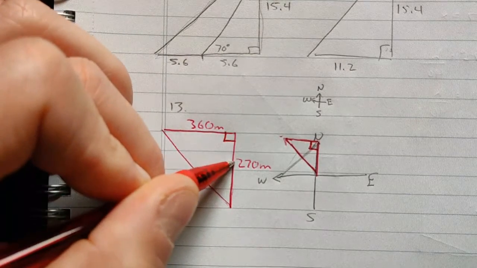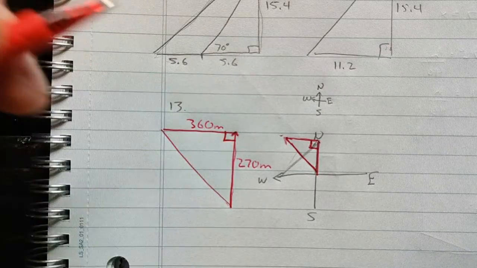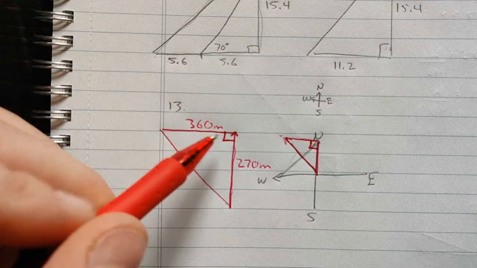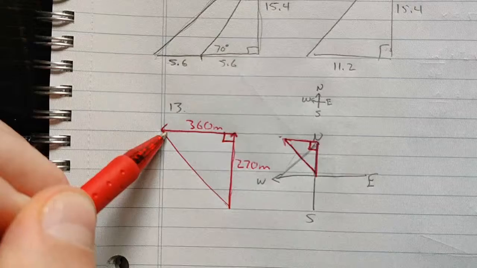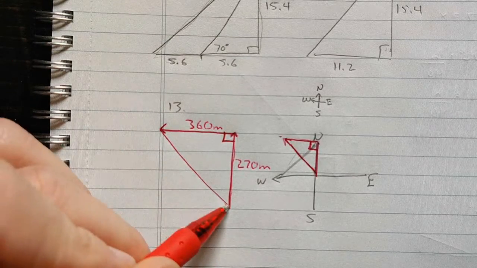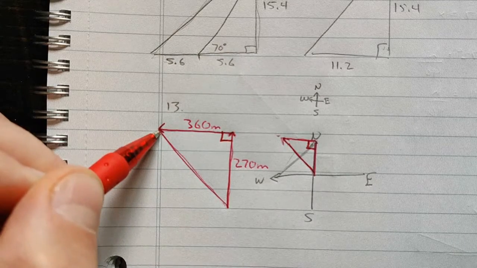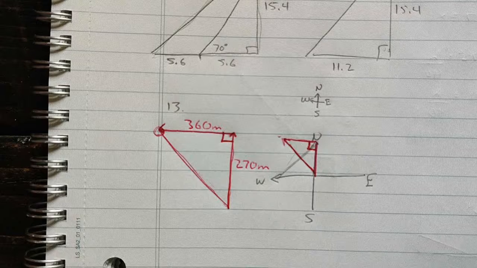So the scuba diver was traveling here, going north, and if there was no current, would have just went straight 270 meters. However, because the current was pushing at a rate where it pushed 360 meters that way, that is the result here. So she ends up over here from that initial position.